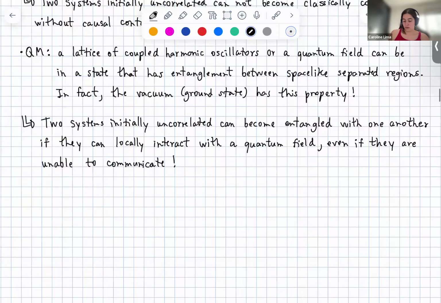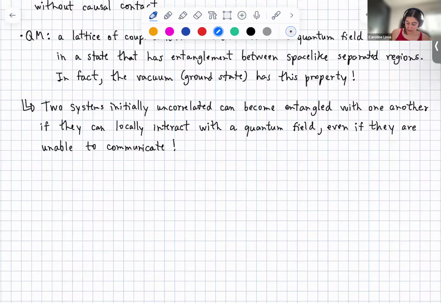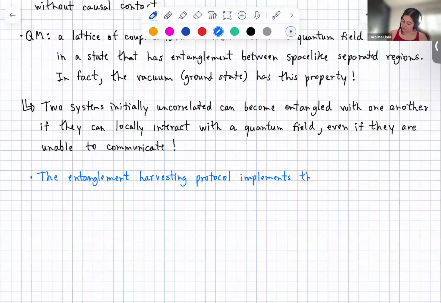Okay, so what the entanglement harvesting is doing is just implementing this. The entanglement harvesting protocol is going to implement this idea using particle detectors.